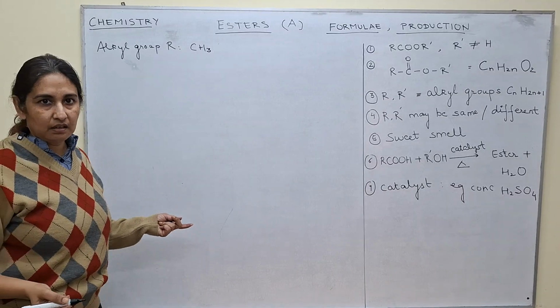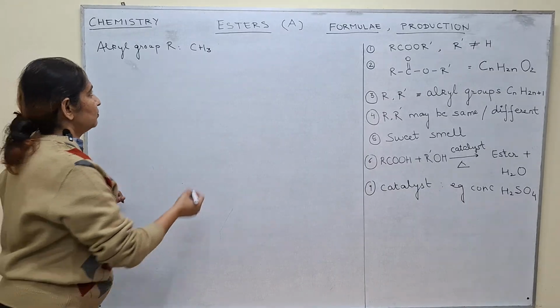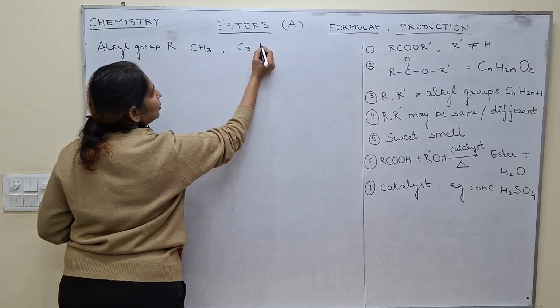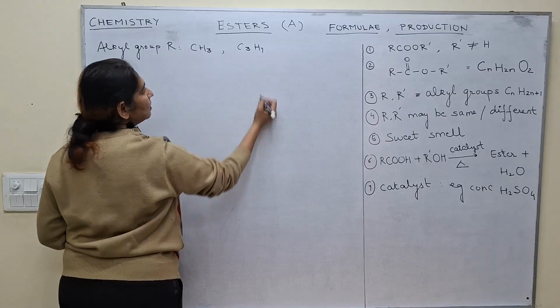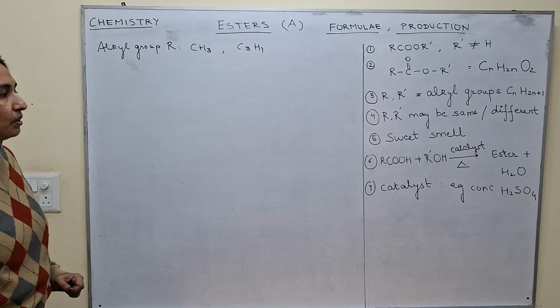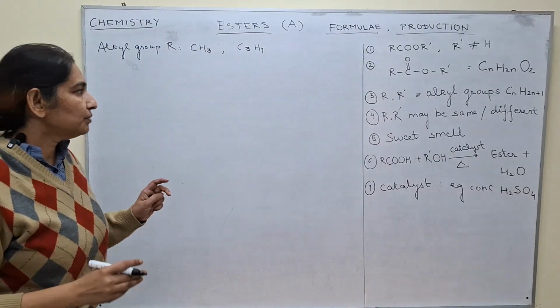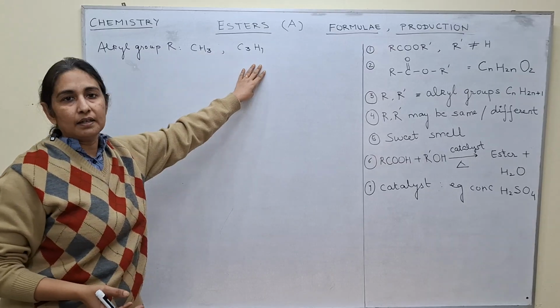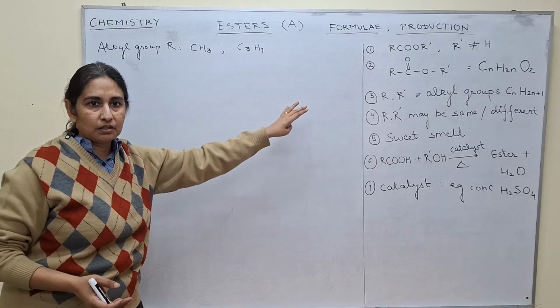CH4 is an alkane, methane. You remove one hydrogen from it. Or if you have C3H8, you remove one hydrogen from it, that will be an alkyl group. R dash basically stands for a different alkyl group; this can be R and this can be R dash.